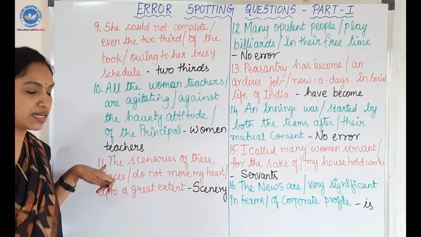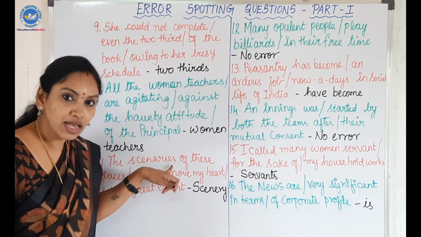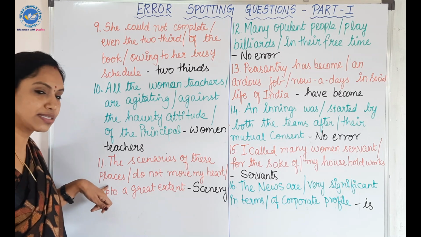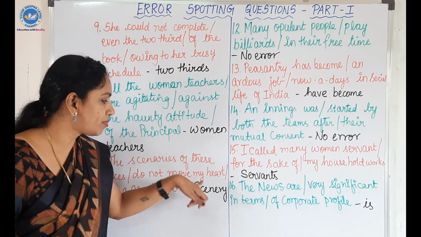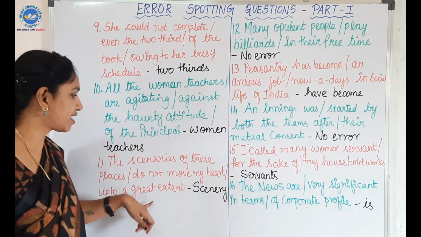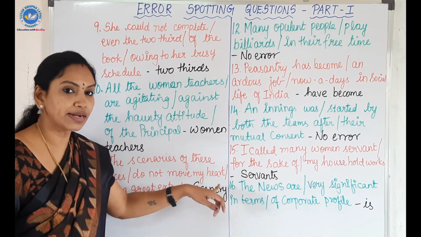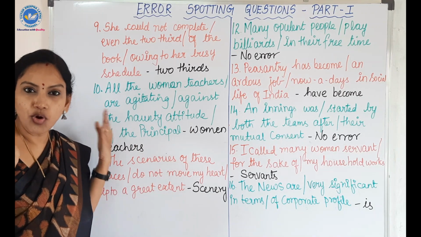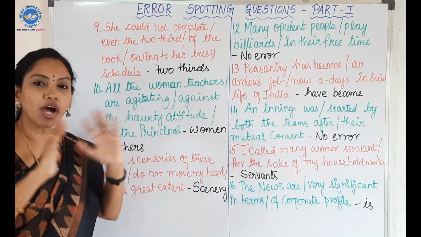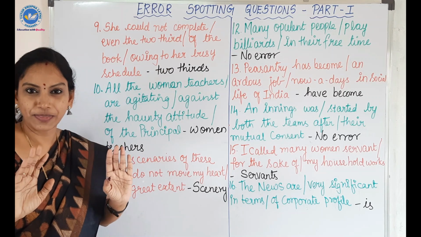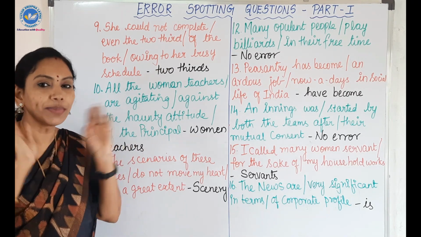Now 11th question. The sceneries of these places do not move my heart up to a great extent. Sceneries. There's no plural. Scenery cannot be so many. It's a common noun.